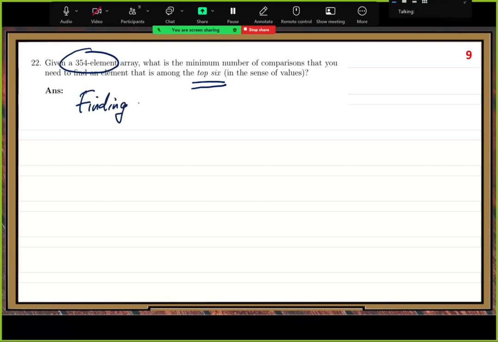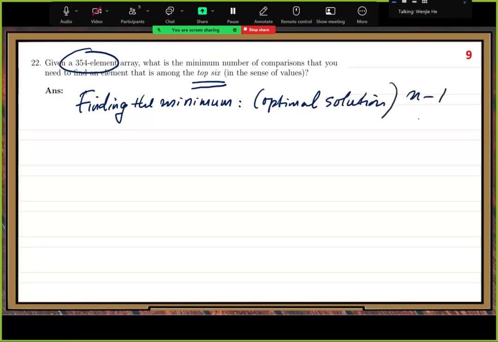Finding the minimum: the problem, we solve it, right? And then we get the optimal solution, N-1 comparisons.